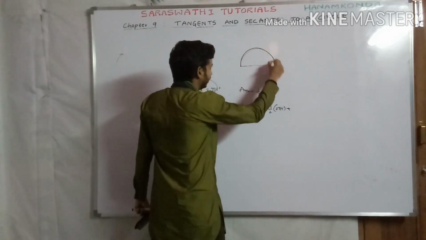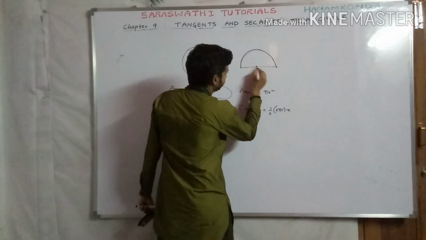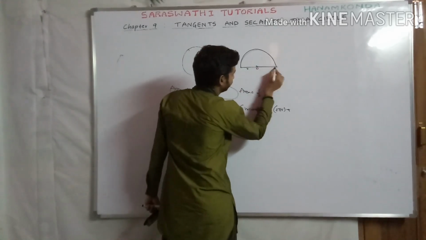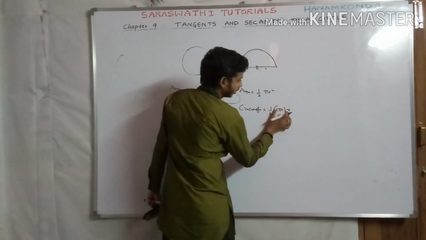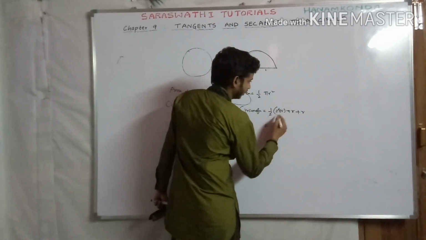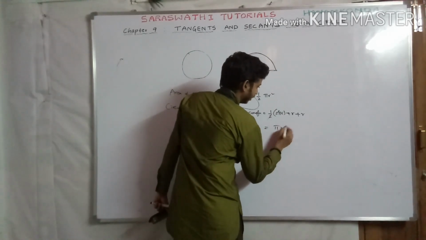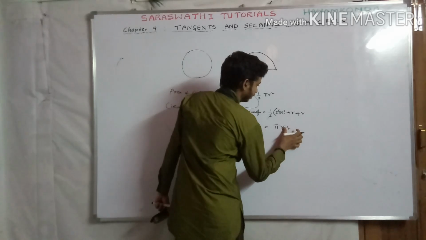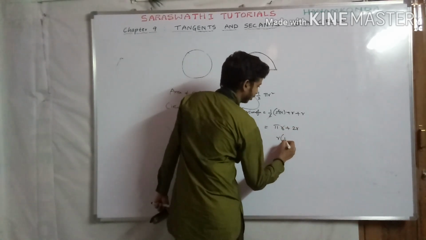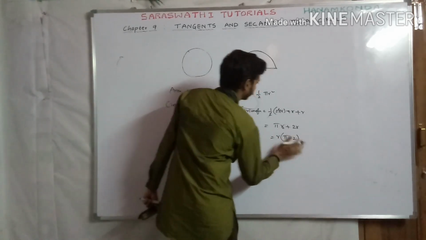From here to here it is half of the circumference, and this is the center, so from here to here it is radius, and from center to here also radius. So half of the circumference of the circle plus 2r, that means the 2 gets cancelled, pi r plus 2r. Taking r common, r into (pi plus 2).